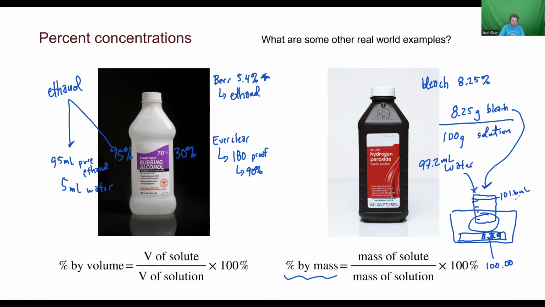Why? Well, one thing is that your total volume of water that's added, well, that's just water. The next thing is that the bleach does occupy space. So that will take up volume. That will add to the total volume. So these two equations right here, I want you to know these two equations, and I want you to be able to calculate these things.